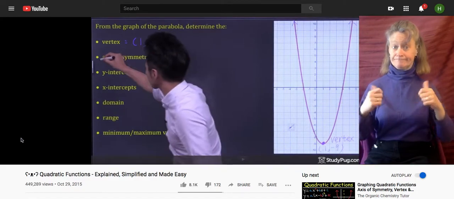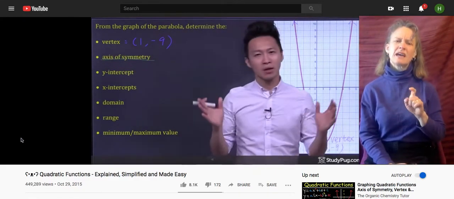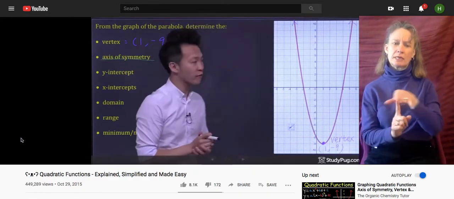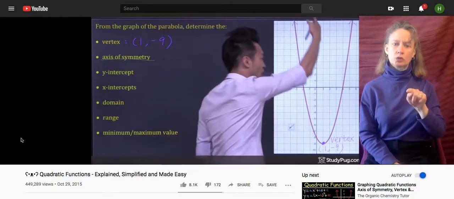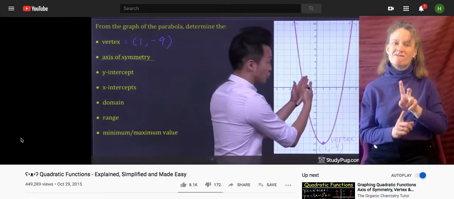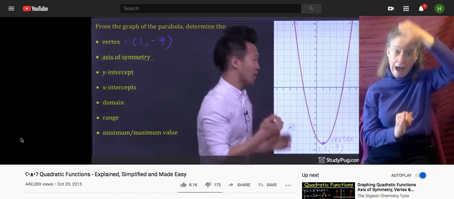Next, axis of symmetry. The axis of symmetry of a quadratic function is a vertical line that divides the parabola into two equal halves, like this.